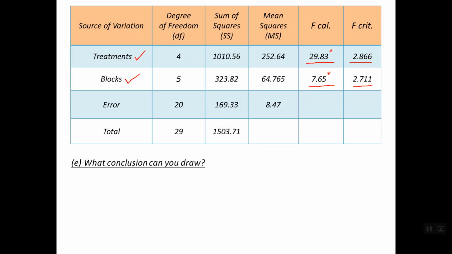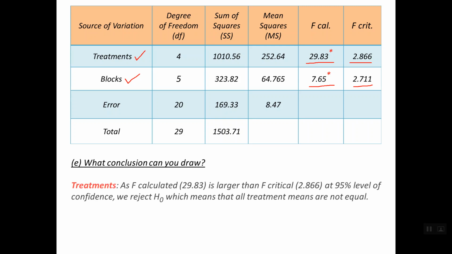And the alternative hypothesis for the blocks states that there is a difference between the blocks regarding the means. Or for example, let's say one of the means is not the same as the other. So this is the conclusion here.